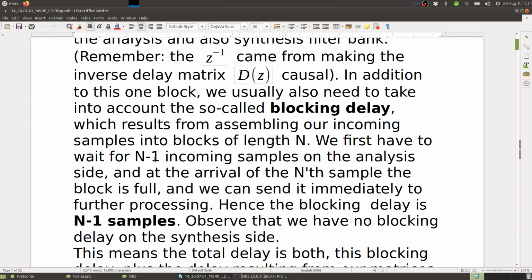At the arrival of the Nth sample, the block is full and we can send it immediately to further processing. Hence the blocking delay is N-1 samples. Observe that we have no blocking delay on the synthesis side.